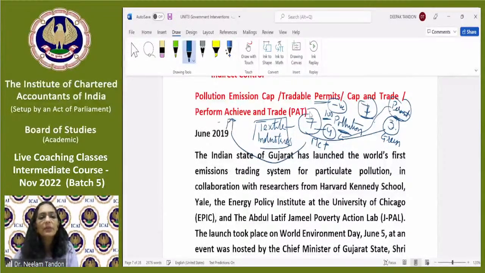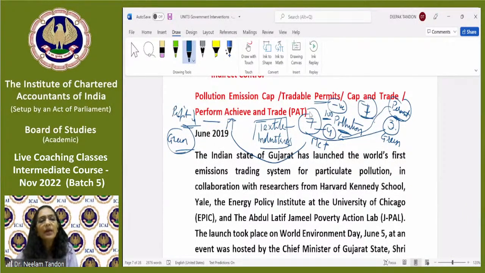Price of production going up means they lose business. Their profit will go down. So these 4 firms will also go for green, because they are losing because of this. So that's the beauty of cap and trade.